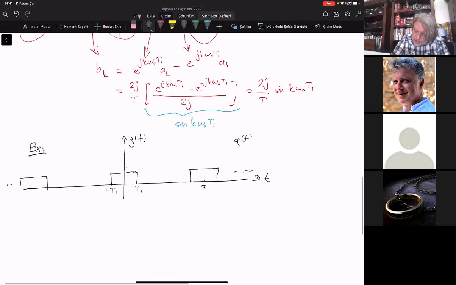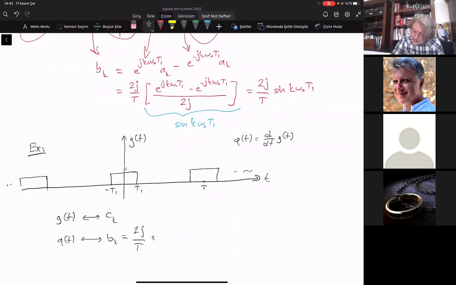So Q of t is the time derivative of G of t, which tells me that G of t, whose Fourier series coefficients can be called CKs, and Q of t has Fourier series coefficients called BKs, which is 2j over capital T sine k omega 0 t1. We found it here.